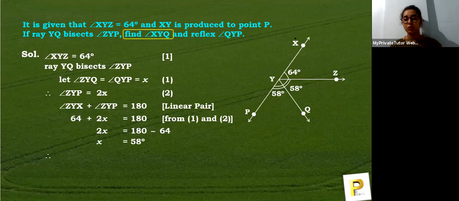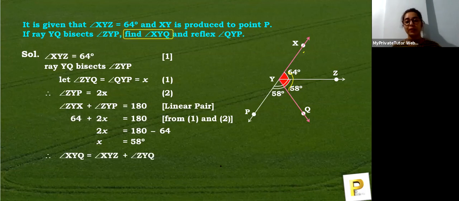Let's see what will be the value of XYQ. One more answer I've got for XYQ. Let's see if that is correct or not. So XYQ is equal to XYZ plus ZYQ.